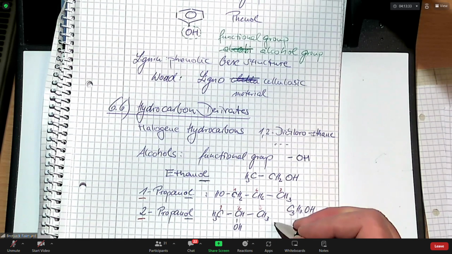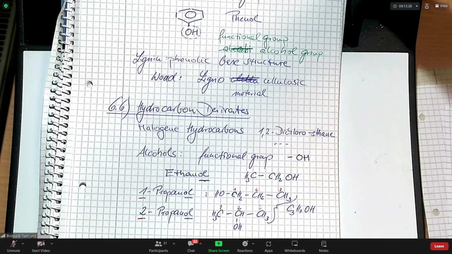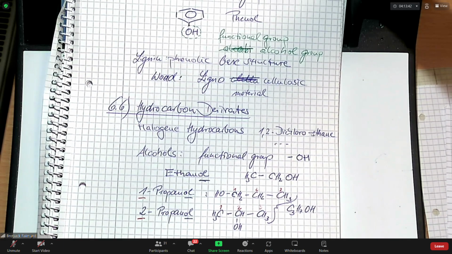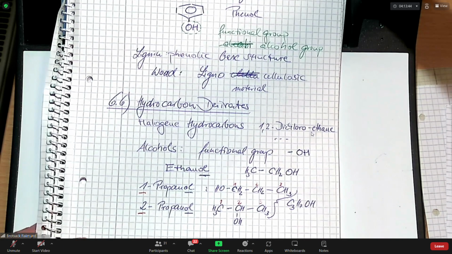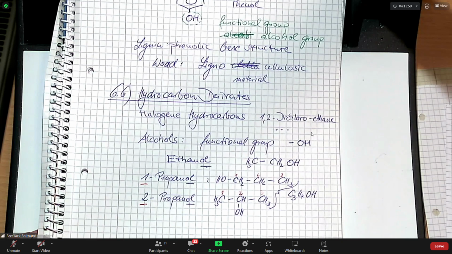So the sum formula for both is the same, but the structure is different. We even can have 2 alcohol or 3 alcohol functions in that.